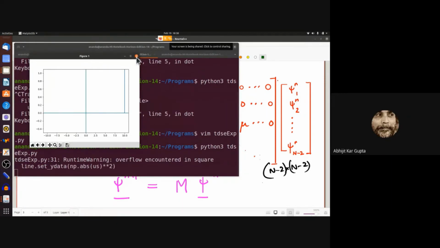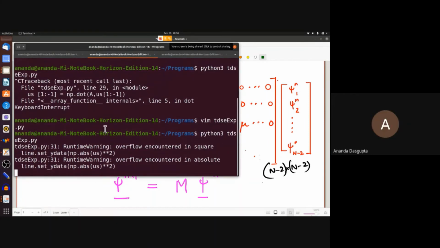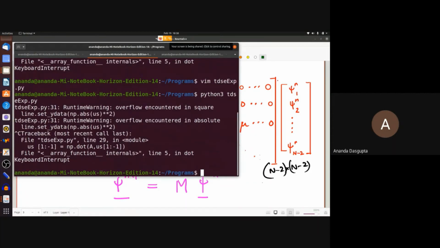You have just now got a runtime overflow, which means it has gone beyond the numbers that Python can handle, which are pretty huge numbers. Okay, the point is that this algorithm, this simple-minded algorithm, will only work if delta t is tiny.